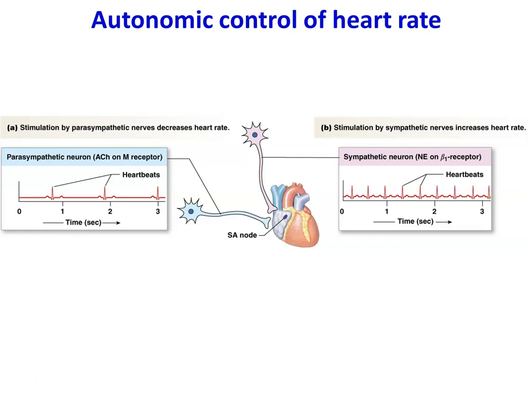And that's where the sympathetic and parasympathetic nervous system come in. And you know that the parasympathetic nervous system causes decreased contraction rate in the heart, and that the sympathetic nervous system causes an increased contraction rate of the heart. Okay, so let's review the detailed mechanism of antagonistic control of the heart.